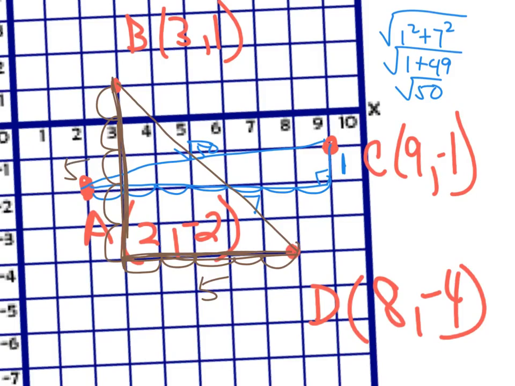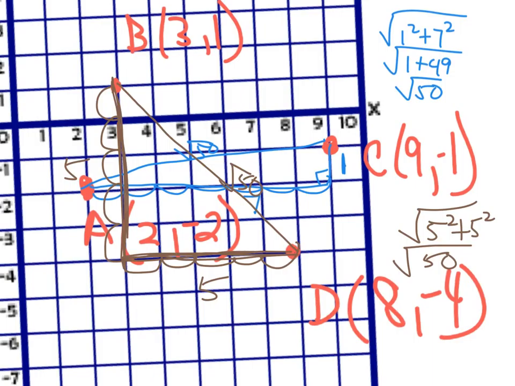So finding the length of BD, it's 5 squared plus 5 squared. That's the Pythagorean theorem. So that's 25 plus 25 is 50. And what I see is both of those diagonals are the same length. Therefore, we have enough evidence that this is in fact a rectangle.